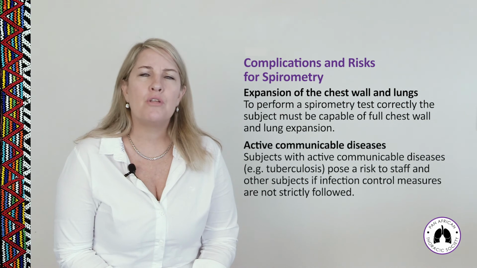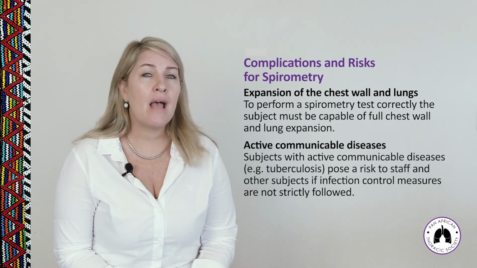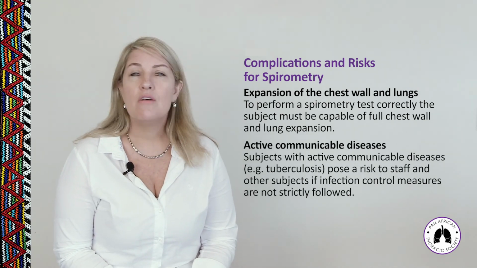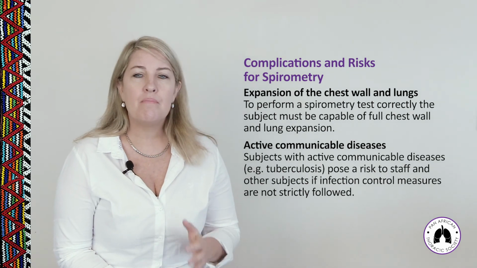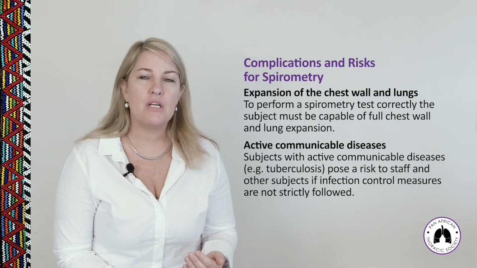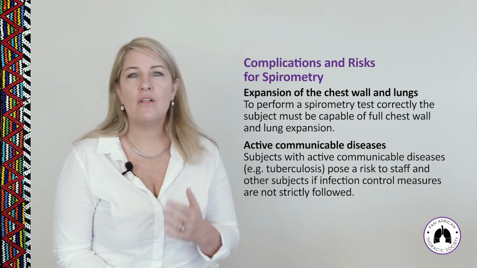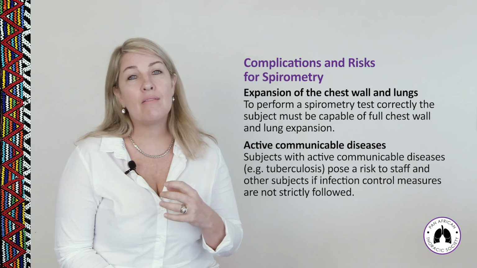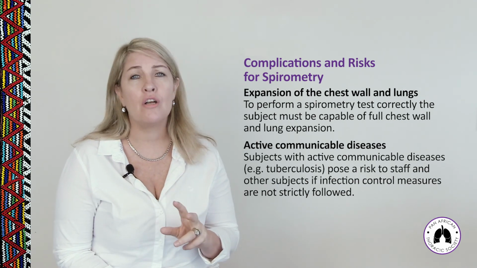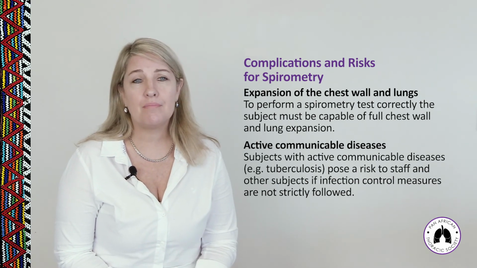And then active communicable diseases. Any subject with an active communicable disease, for example tuberculosis, poses a risk to staff and other subjects and should be delayed until we're quite clear that the risk of passing an infection on has passed over.